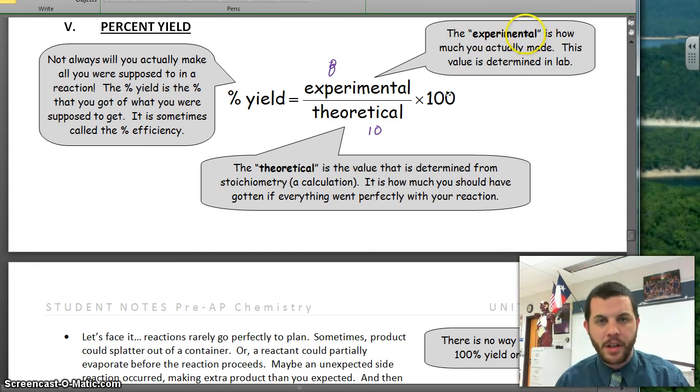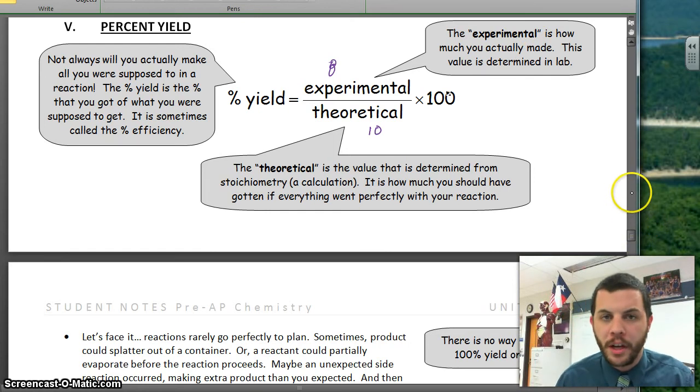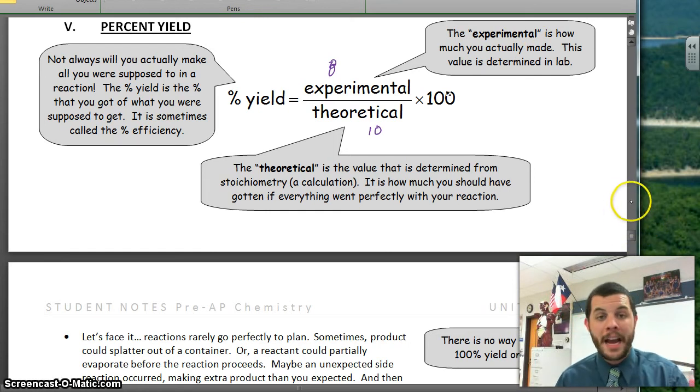Now that's going to happen a lot in chemistry. You're going to do a T-chart, and you're going to calculate that you should get some certain amount of product. However, you don't always get 100% yield. There's a lot of reasons why, but just understand that that is the situation.